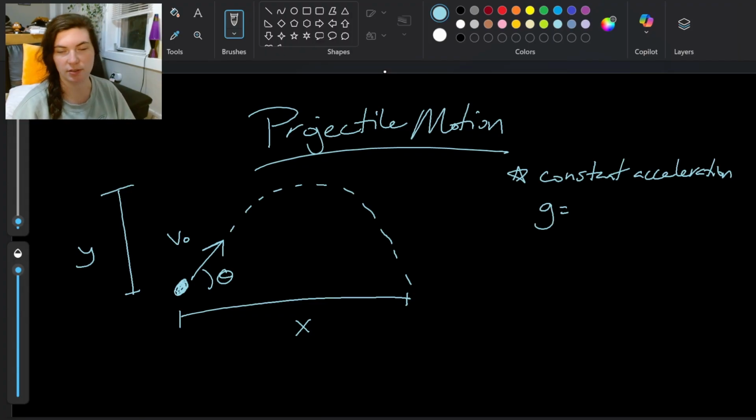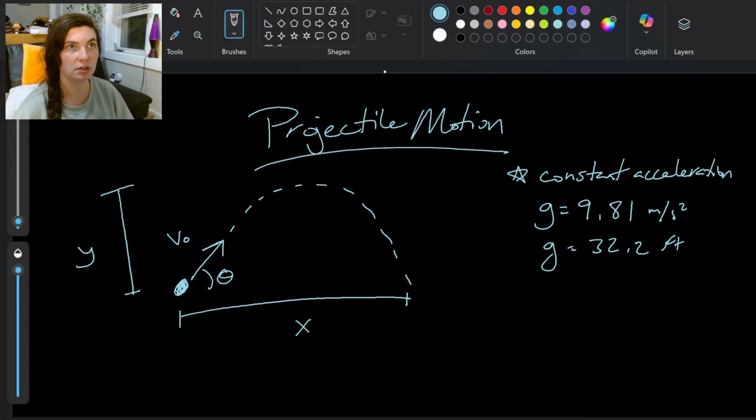Sometimes you'll see it as a sub c for constant acceleration, but in our projectile motion problems, it's going to be gravity. And our two gravity values that we want to have in the back of our mind are our SI unit gravity value, which is 9.81 meters per second squared, or if we're working in US units, that's 32.2 feet per second squared.